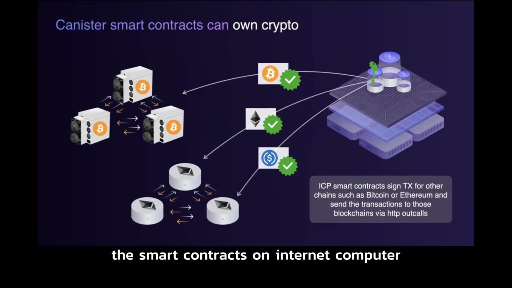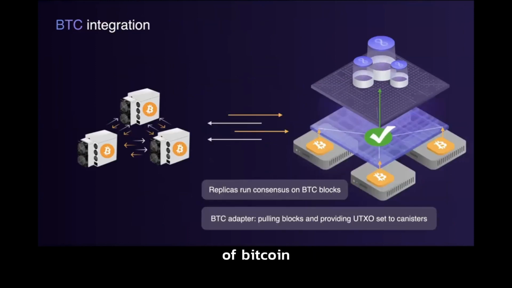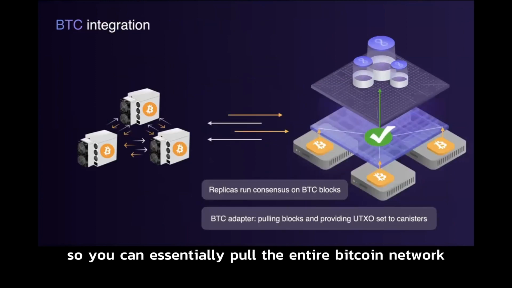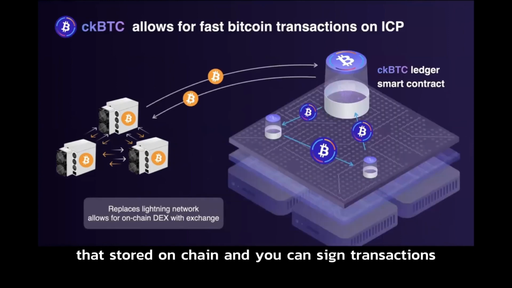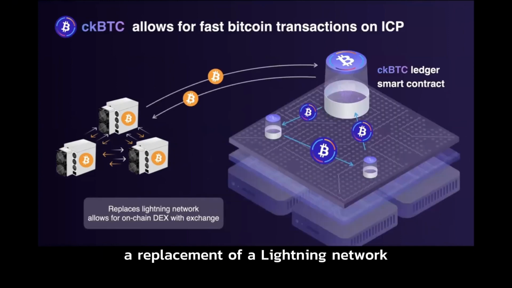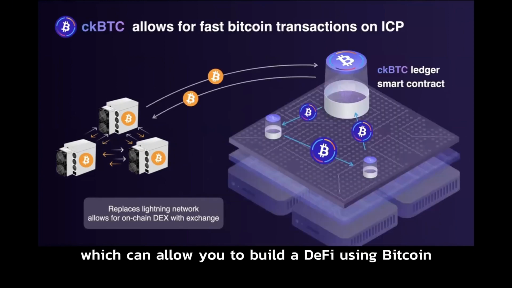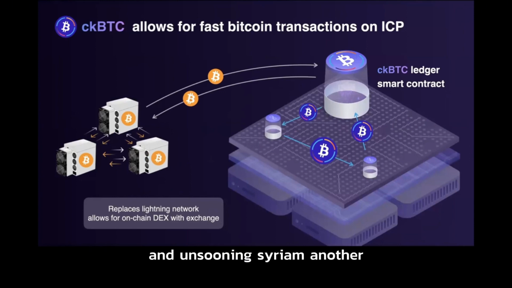The smart contracts on the internet computer can sign Bitcoin transactions through something we implemented, which is a signature scheme of Bitcoin. We have the entire state of the Bitcoin network stored on chain, and you can sign transactions. So you have a replacement of a Lightning network, which can allow you to build DeFi using Bitcoin and soon Ethereum and other Ethereum-based tokens completely on chain.